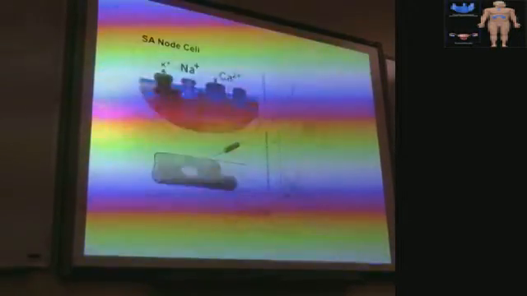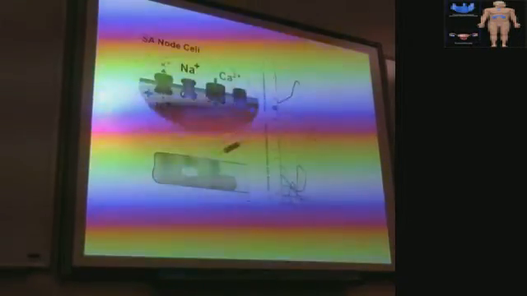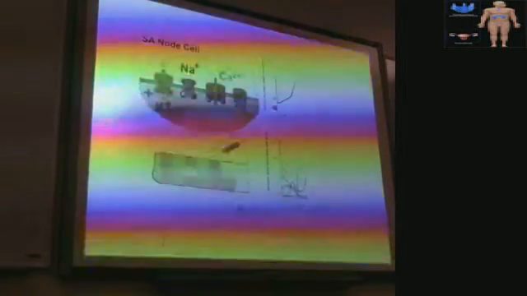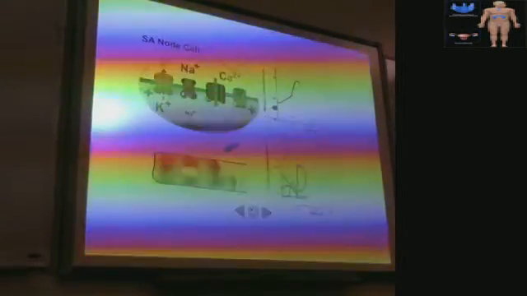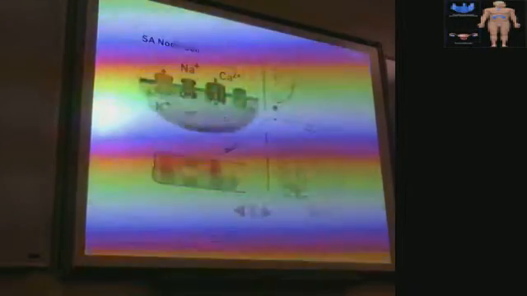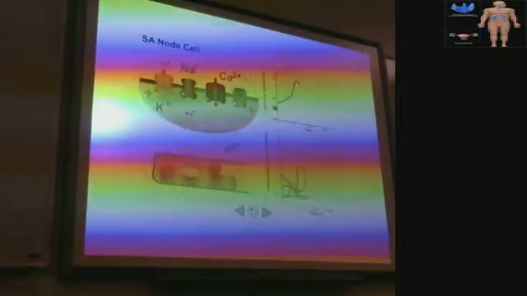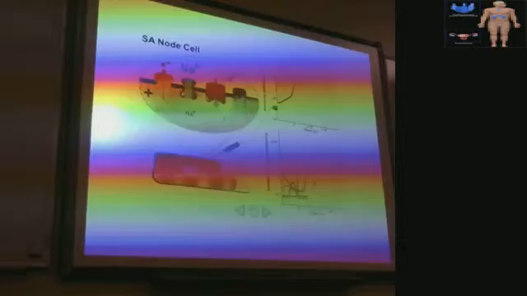Notice that these are a combination of the waves down here, each individual activity, and this is what you see in the final wave. Slow down. The first thing that happens is the sodium channel. That's the F wave.